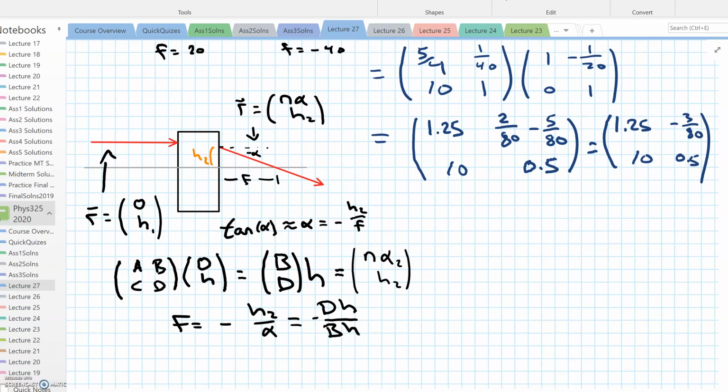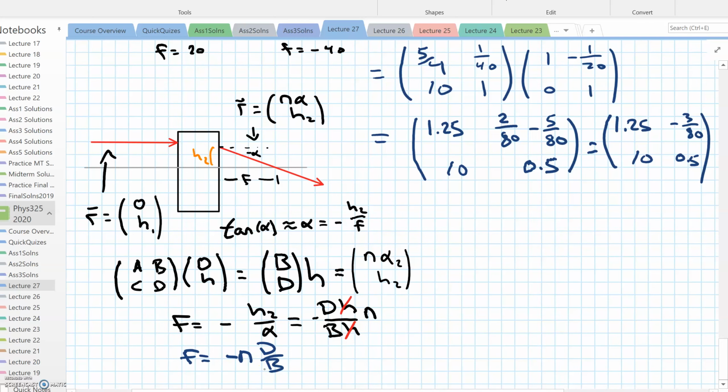Where's that n going to come in? I have to think about that. It's really H2 over n, alpha over n. So there should be an n up here too, because it's really like B over n is equal to alpha2. And these H's cancel out. So this is actually f is equal to negative n D over B. Okay, and that's what that tells us.